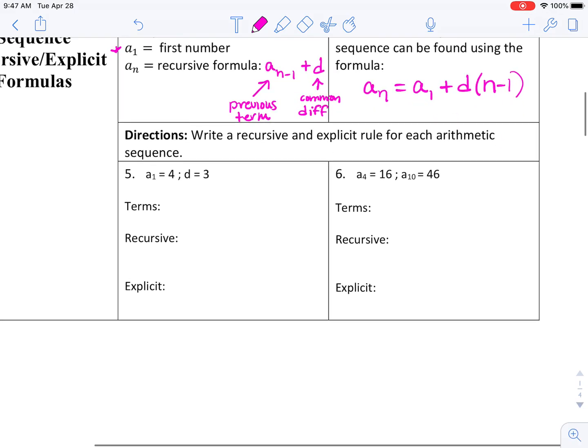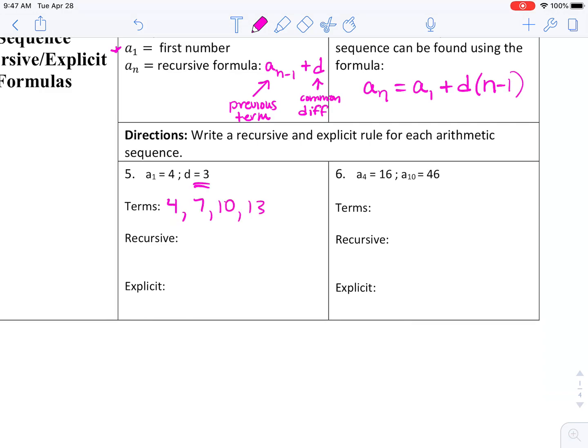So what we're going to do in these next 2 examples is use these models and just come up with the equations for the sequences that I've given you. I'm going to have you write out a couple of the first terms for each of these sequences and go from there. So this one's pretty straightforward. The first term is 4, and our common difference, this is an arithmetic sequence, so we can assume we're adding forward by 3 each time.